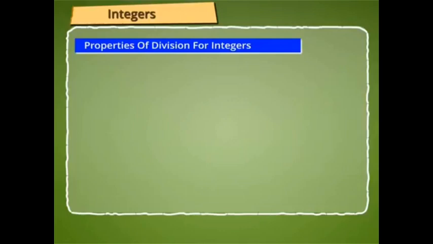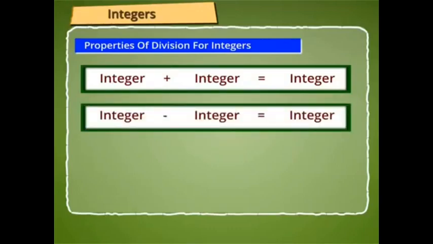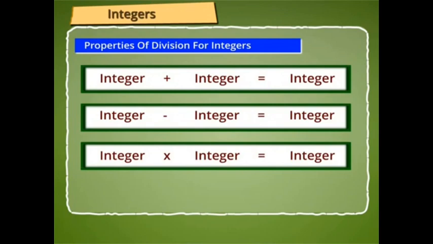We have seen earlier that if any two integers are added, the result is an integer. If one integer is subtracted from any other integer, the result is again an integer. Similarly, if any two integers are multiplied, the result is an integer.